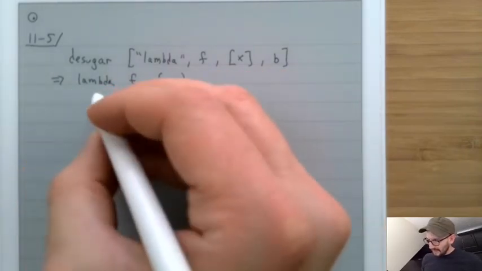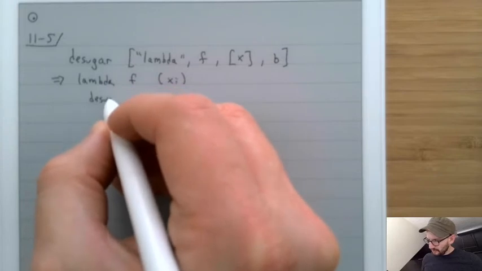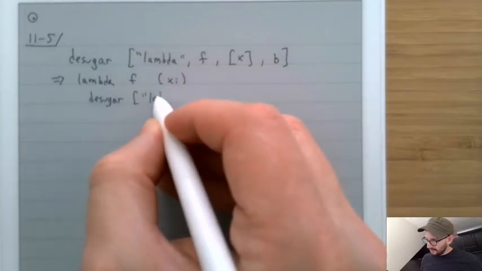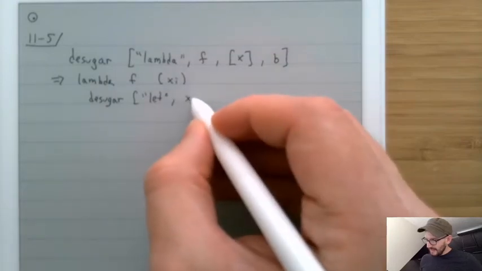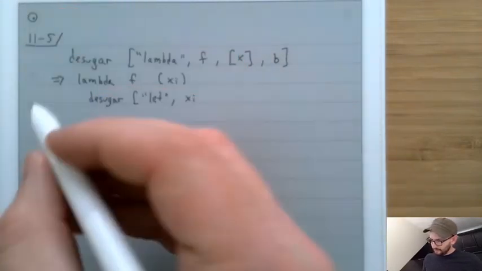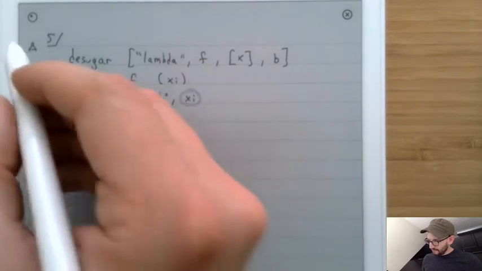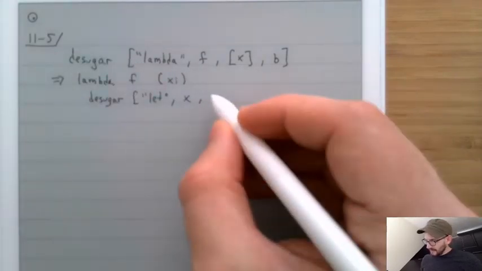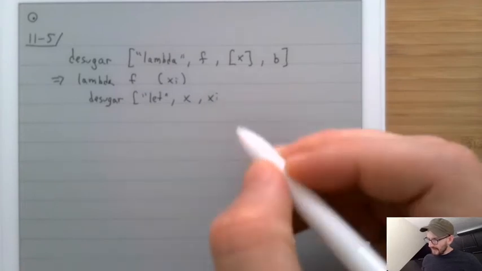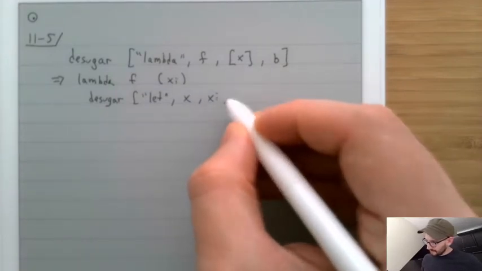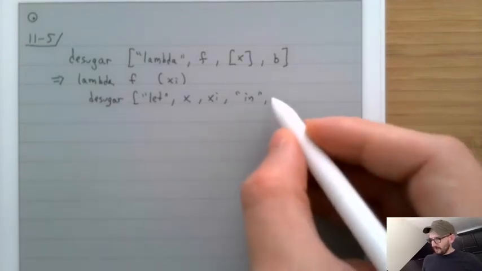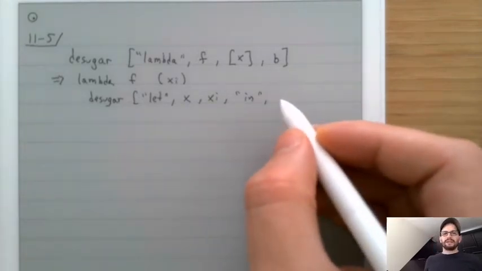And then inside, we're going to call desugar on a let of x, of x equal to xi in, now b right here. How are we going to do b?